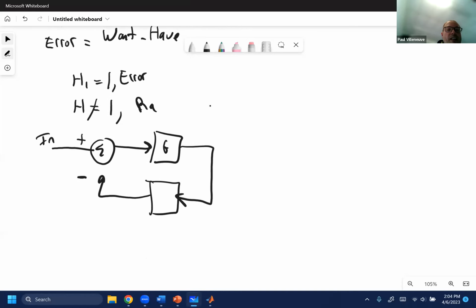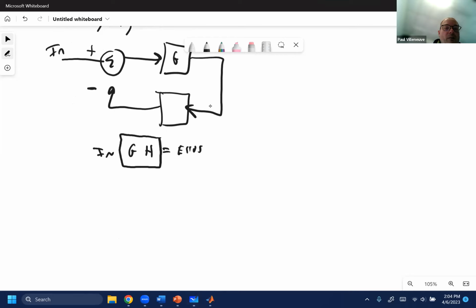So if we take our input, multiply that by G, then by H, we're going to get to this point here. And the difference is going to be equal to what we'll call our error signal. We're looking for the difference between these two. So all we need is the transfer function G times H.